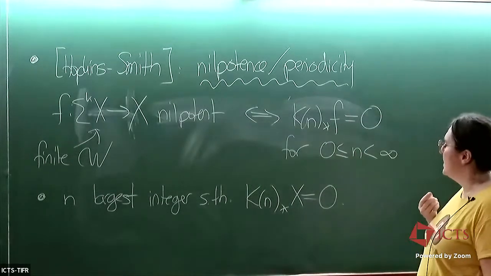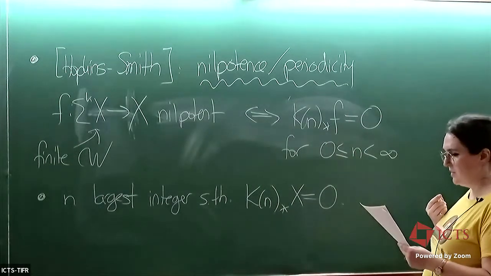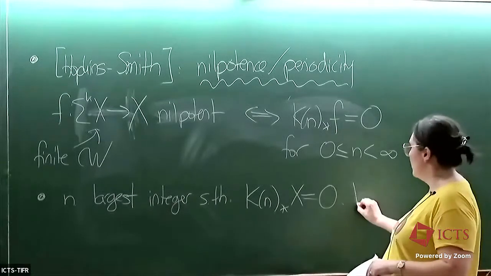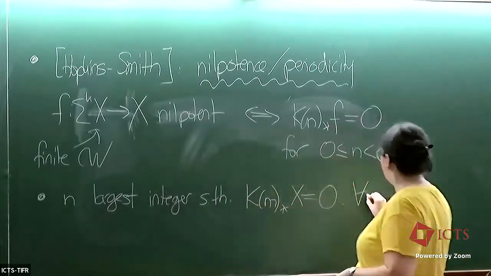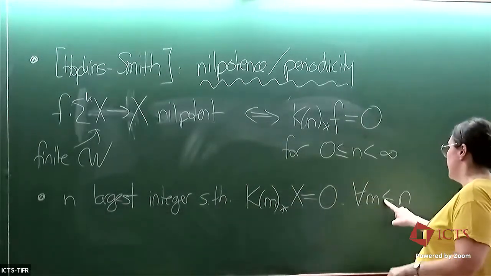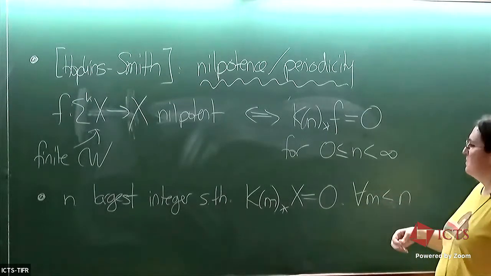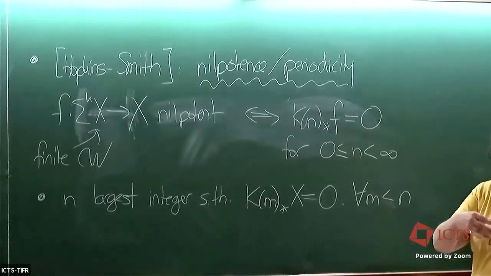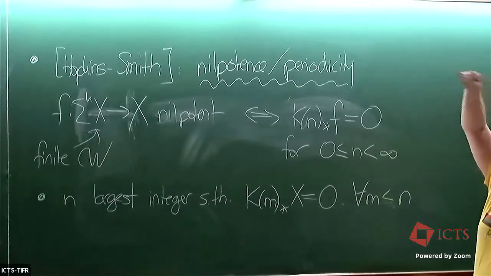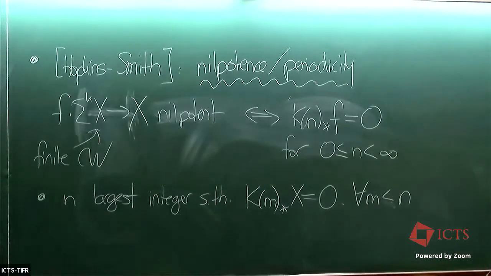If we take n to be the largest integer such that this one is 0, that is what I want to say. So you can ask, is K0 zero, is K1 zero, is K2 zero, and so on. At some point it will not be, but up to then it will be.